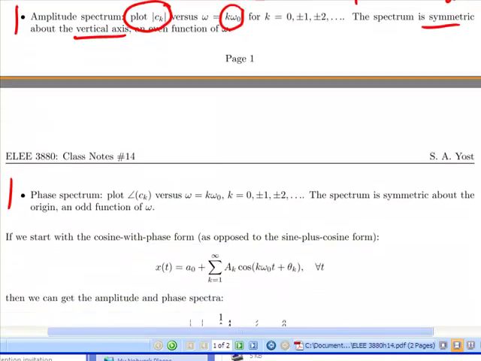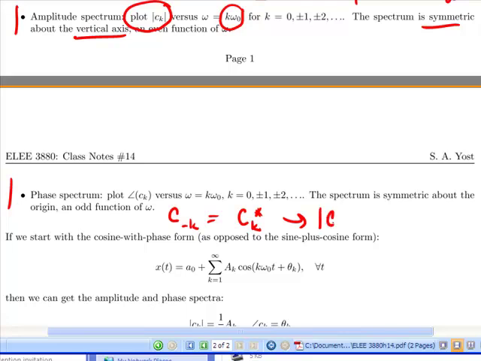The phase spectrum, on the other hand, again, because c minus k equals ck complex conjugate, if we wrote this in polar form, the angles would be the opposite.